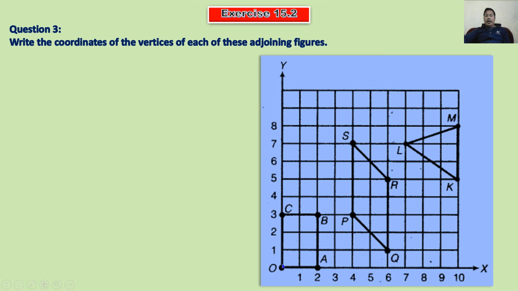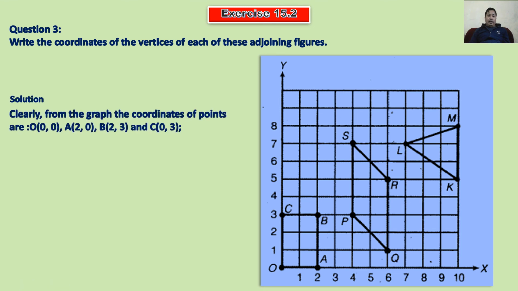For example, here point O. What is the coordinate of point O on the graph? The coordinate is 0 for the x and again 0 for the y, isn't it? Let us see. Clearly from the graph, the coordinates of O are (0, 0), x also 0, y also 0 here. Clear.